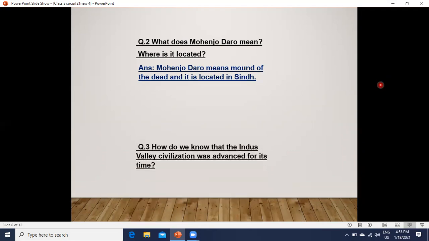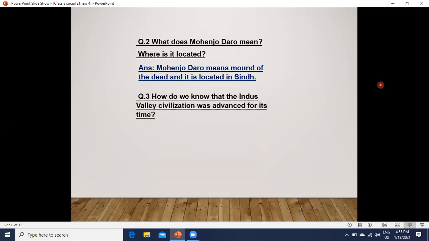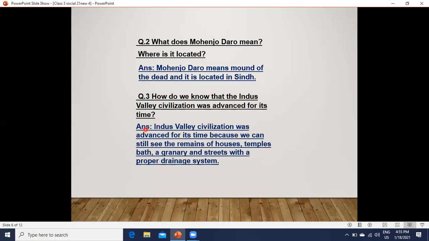Next, question number 3 is, how do we know that the Indus Valley civilization was advanced for its time? That is the question. The answer is, Indus Valley civilization was advanced for its time because we can still see the remains of houses, temples, bath, a granary, and streets with a proper drainage system.